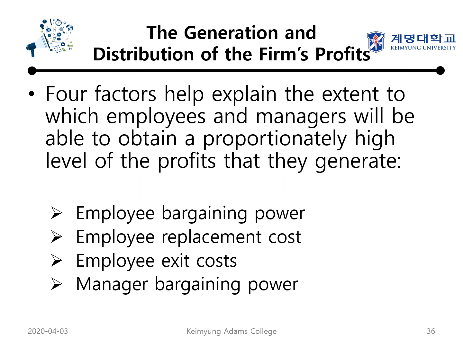Okay, so let us address four conditions as explained: the extent to which managers and employees will be able to extract a proportionately higher level of the profits they generate. First is employee bargaining power, employer replacement cost, employee exit cost, and manager bargaining power.